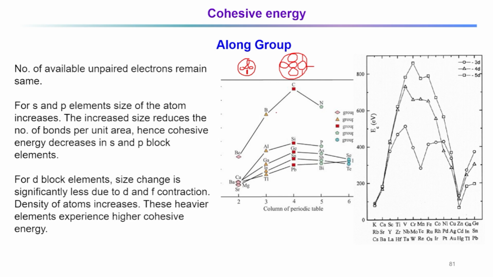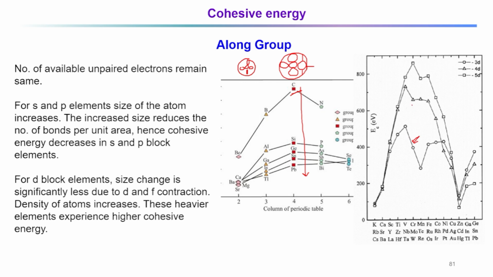So if you see here, as we go from top to bottom of a group in S and P block elements, we can see the cohesive energy decreasing. For carbon it is maximum, then silicon, germanium, tin, lead, and the cohesive energy amount is decreasing. Whereas in D block elements, this curve is for the 3D elements.